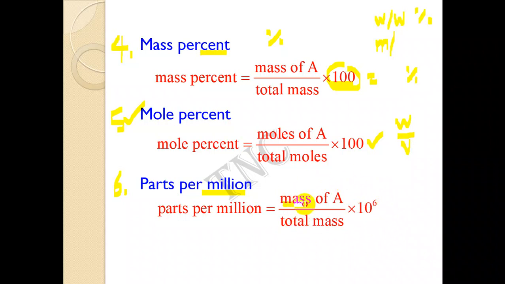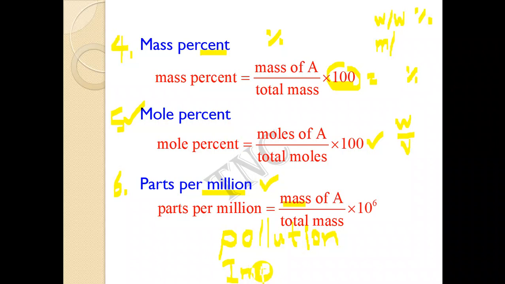Here not only mass, you can even use volume of A divided by total volume, or number of molecules of A divided by total number of molecules. You can use any parameter to calculate this parts per million. But this particular unit we use when you have a very small quantity of solute, particularly for reporting pollution, for reporting impurities, or for studying impurities.